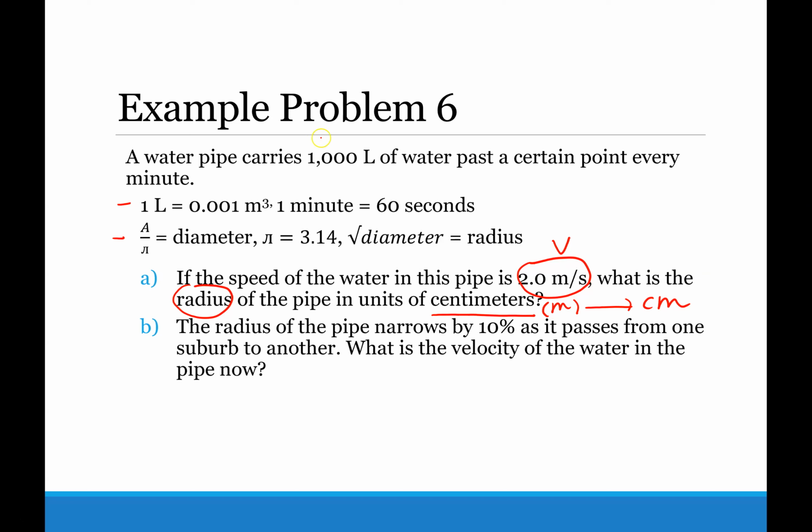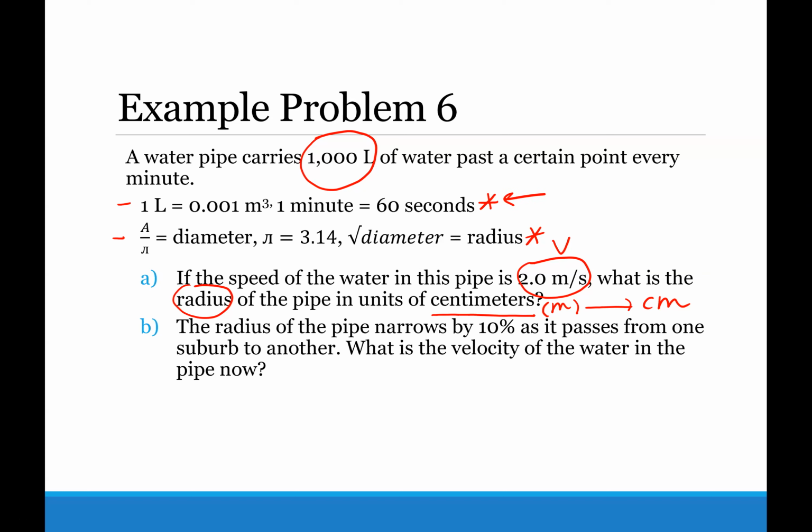We're given a volume here, and so just thinking off the top of my head, I don't know of any equations where you can use a volume and a velocity to get a radius. However, the stuff that you're given here and here are your clues to this problem. Mostly here.